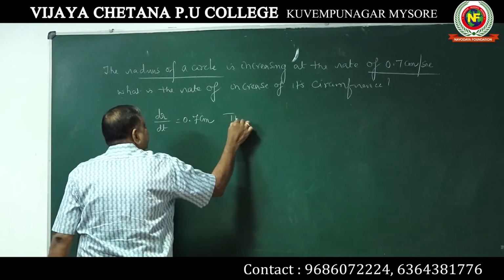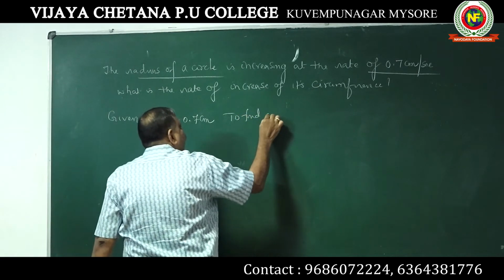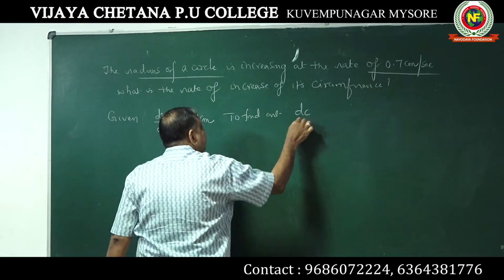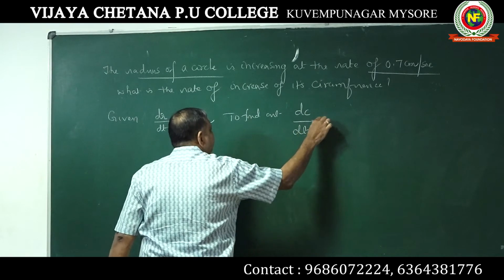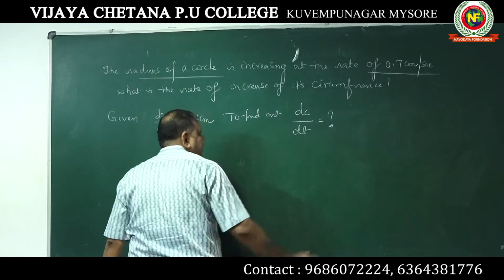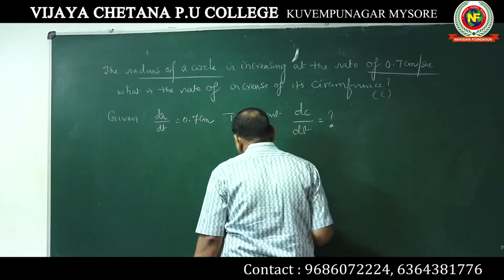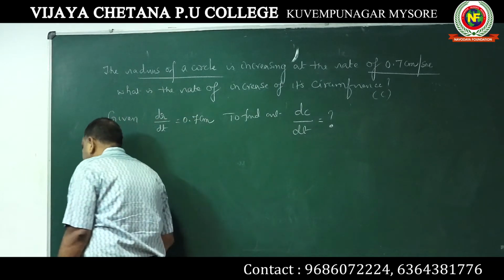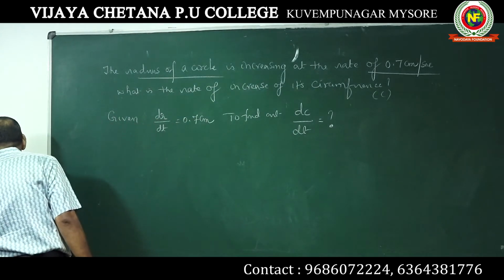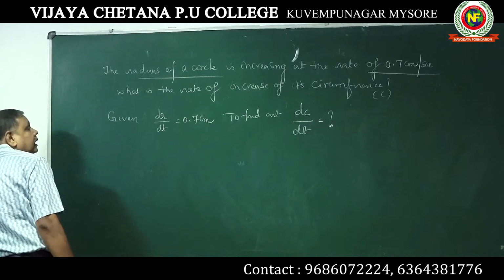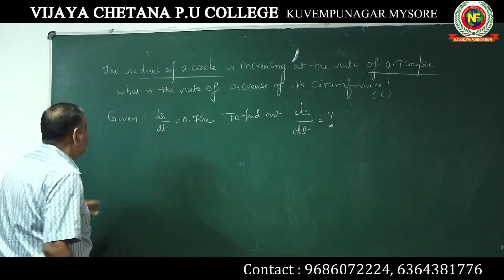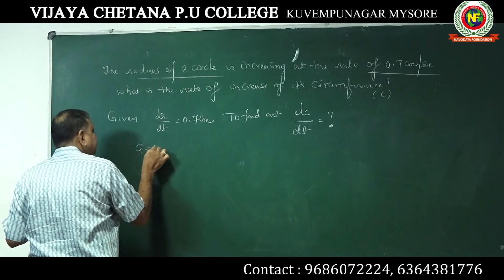To find out is dc by dt, how much? Circumference is always denoted by the letter c. Area is denoted by A. Now dc by dt is how much? You know, c is the circumference of a circle.